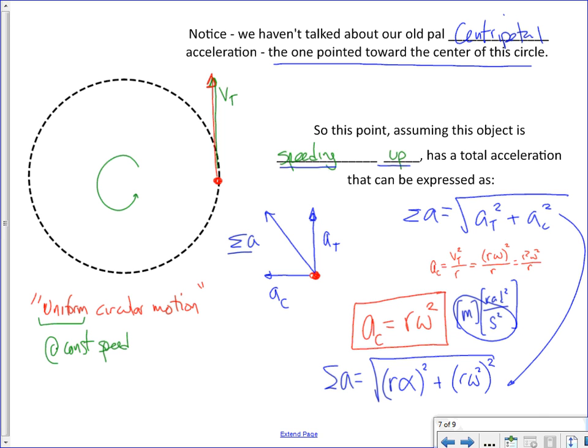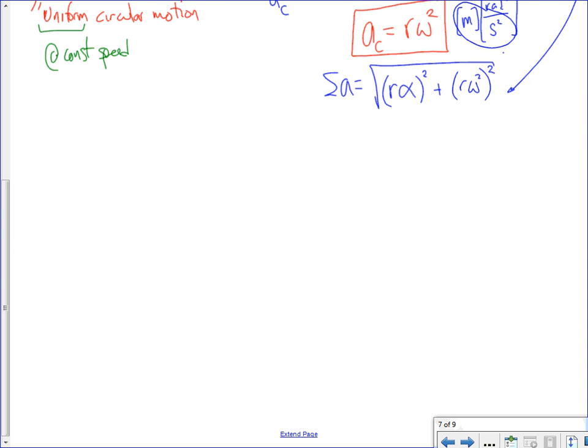I'm just substituting in our new formulas for each of those components. Sure, you could factor out some R's here. This would be R squared alpha squared plus R squared omega to the fourth.